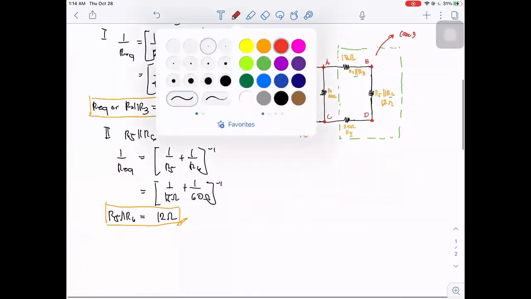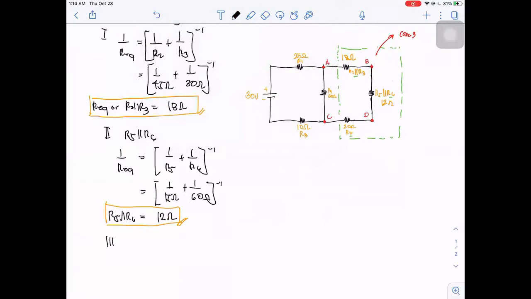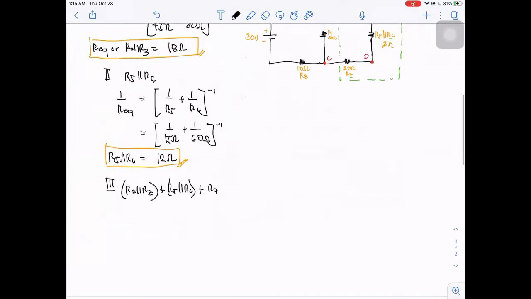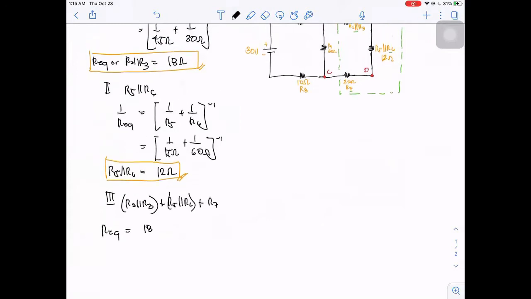For case number 3, we can have R2 parallel R3 plus R5 parallel R6 plus R7. So we have the equivalent resistance, which is equivalent to 18 ohms plus 12 ohms for R5 and R6, and we have 20 ohms for R7.